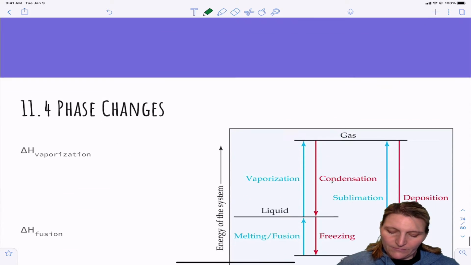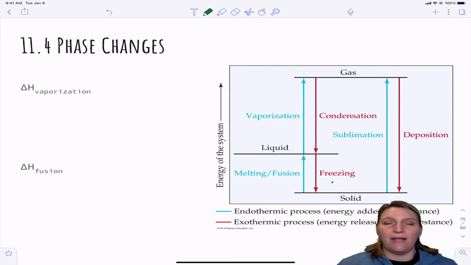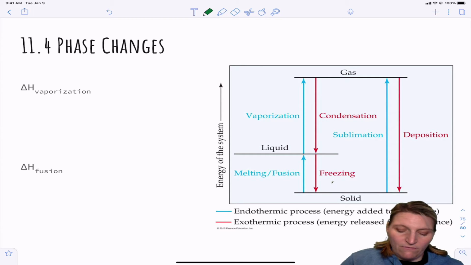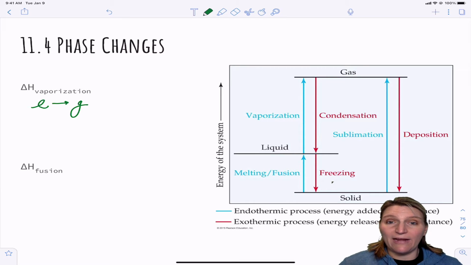So the main new vocabulary terms that we may encounter are delta H of vaporization and delta H of fusion. Vaporization refers to the amount of energy needed to go from a liquid to a gas or a gas to a liquid.